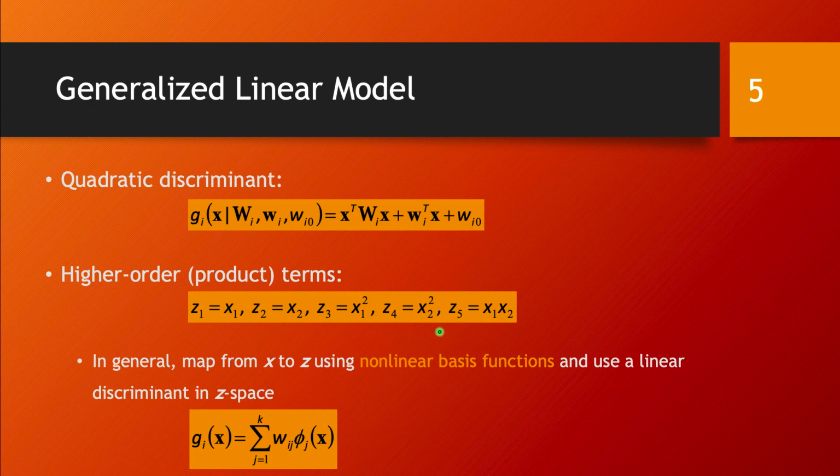The transformation could be something like this, but it could also be much more complex than that. You could have a transformation of your features in terms of, say, sine functions or cosine functions or exponentials or whatever you think you might need depending on your data distribution.